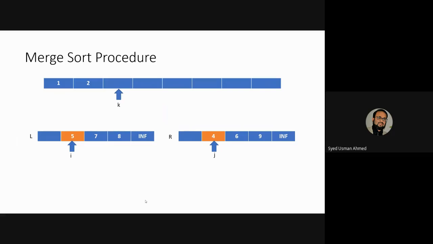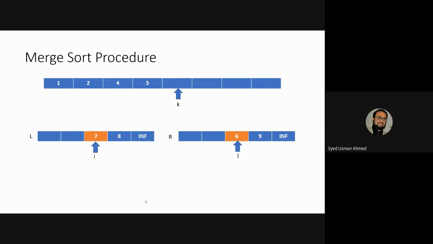Now again I will compare 5 and 4. 4 is lesser, so I will move 4 to the new position pointed by K and increment J. Now I see 6 and 5. I find 5 is lesser, so I move 5 to the position pointed by K and increment I, right?